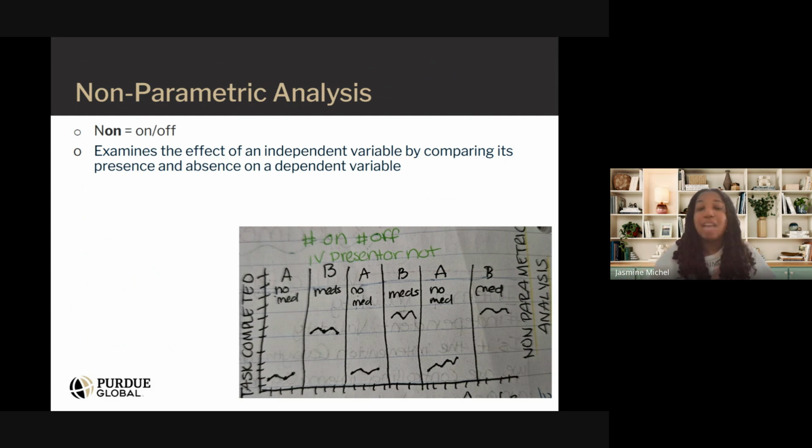Now, again, task completed. In intervention A, there's no medication. It's low. And then in intervention B, you take a medication, and it works. And you're turning it on and off continuously until you see a pattern. And clearly, when this client takes medication, they do their work. When they don't have medication, they don't do their work.